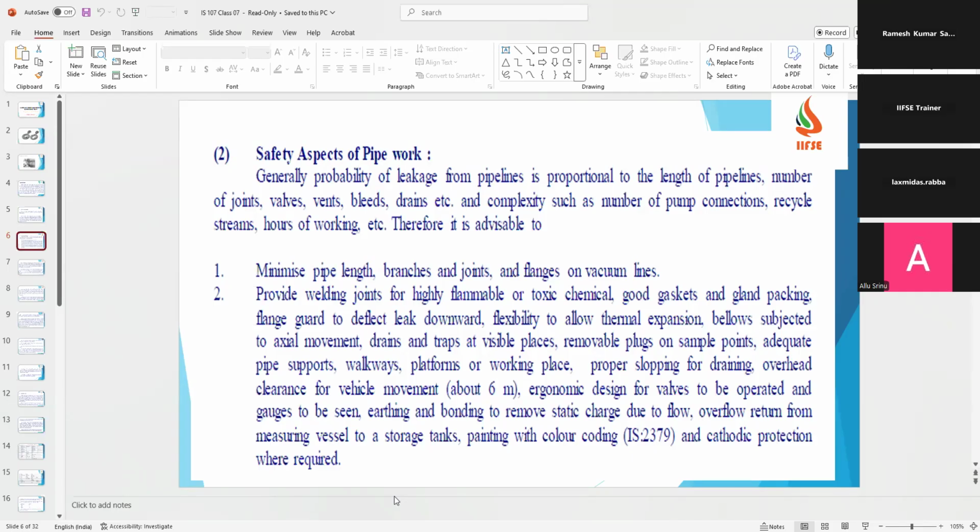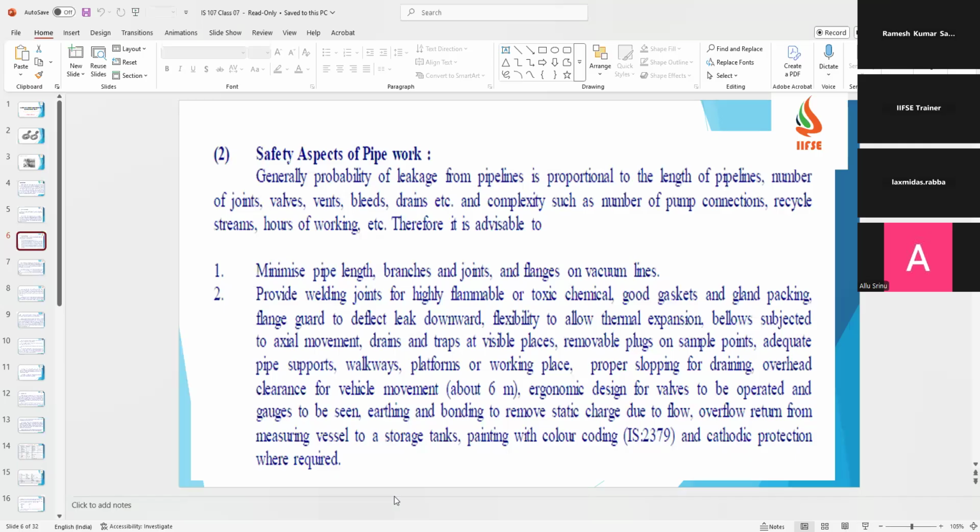One is visible drains and removable plugs, and also proper sloping for draining. Especially when you are doing maintenance, draining is very important. Overhead clearance for vehicle movement is also very important. Within the company itself, we could see tracks made for vehicle movement.